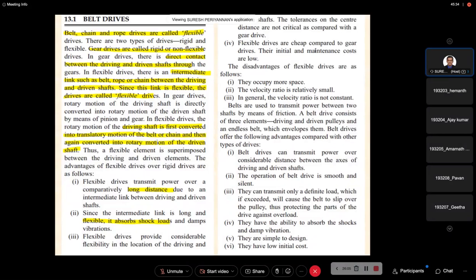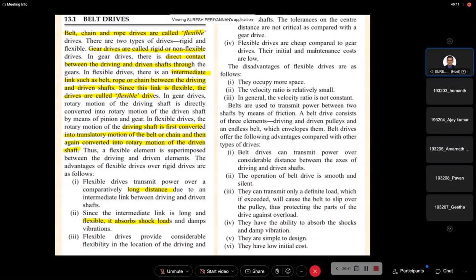Okay, the life of the belt is less, and there is low efficiency due to loss of power, because slip is going to occur. I'm talking about the disadvantages of this belt drive, the flexible drive mechanism, especially belt. Short life and low efficiency due to loss of power. How is the power lost? Due to slip effect and frictional effect.